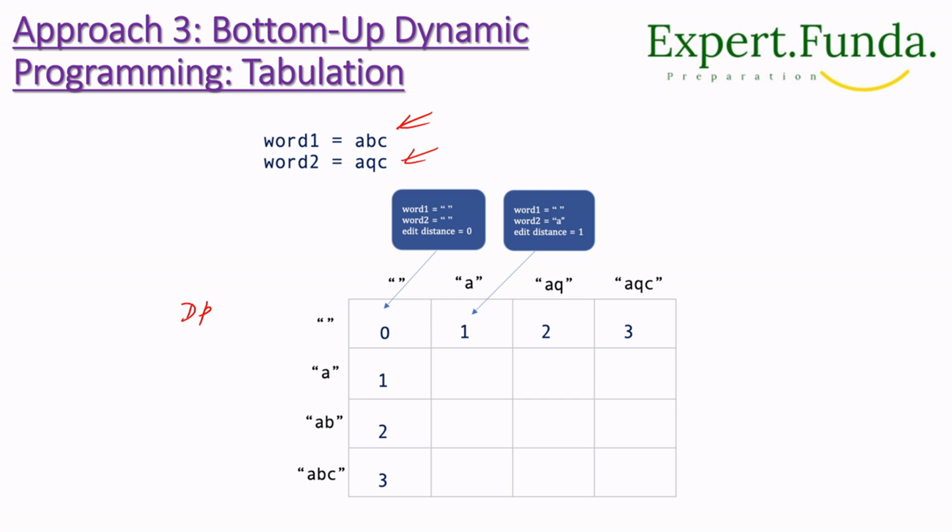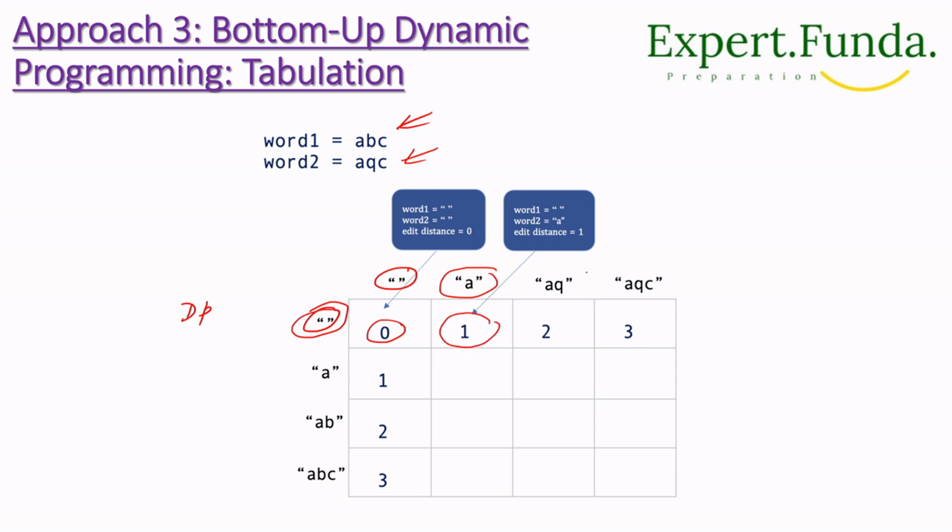So we'll check if both are empty. If both are empty, then this is 0, right? But if word 1 is empty and there is some character in word 2, only one operation is required, that is insert, and our minimum distance is 1, right?